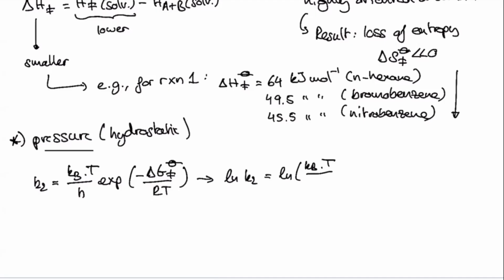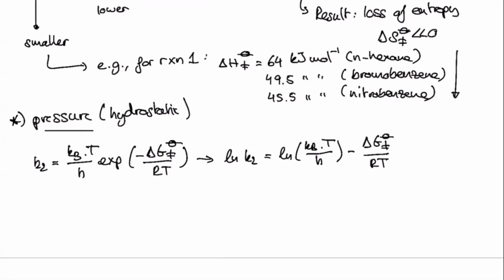So we get kBT over Planck minus delta G over RT. Okay, and then you probably know that dG is V dP minus S dT, right? So the change in Gibbs free energy is volume times the change in pressure minus entropy times the change in temperature, right? This is in a closed system.